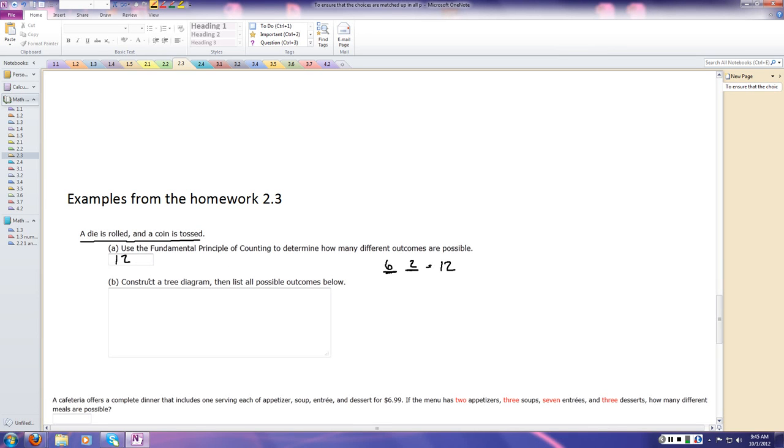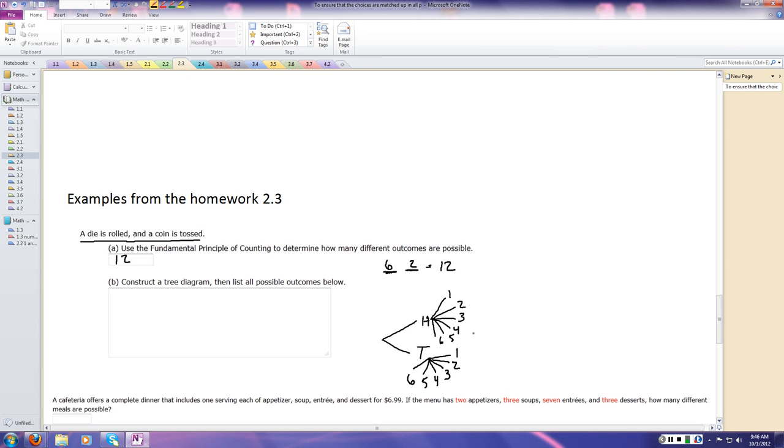Now, they ask you to construct a tree diagram to list the possible outcomes. They're wanting you to see something like heads or tails, right? If I get heads, then I have the choice of getting 1, 2, 3, 4, 5, or 6. And then if I get tails, I have the same outcome of my dice. So my tree is a little weird.